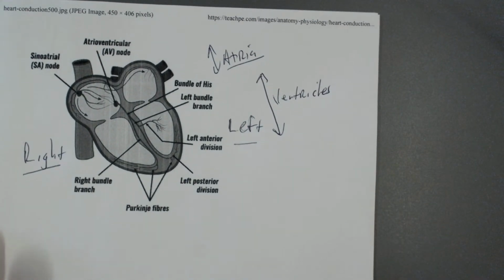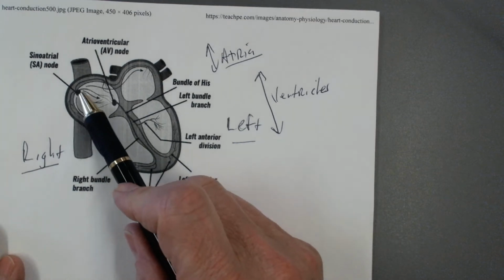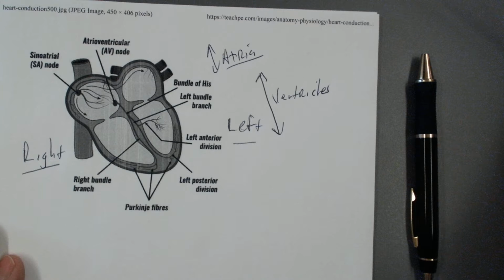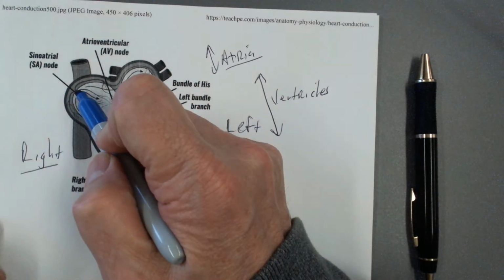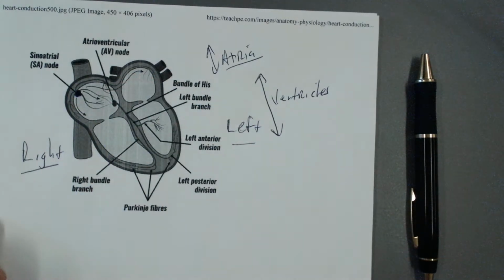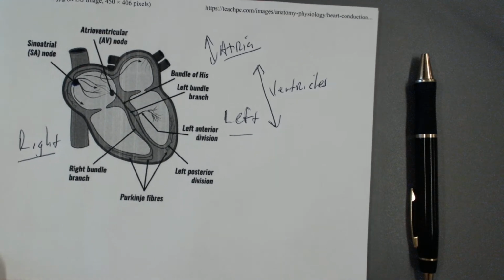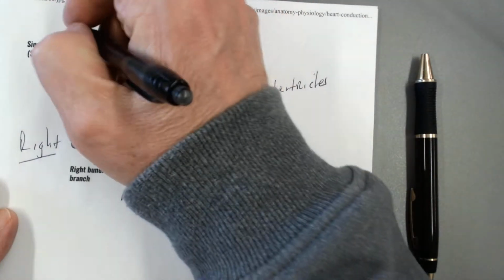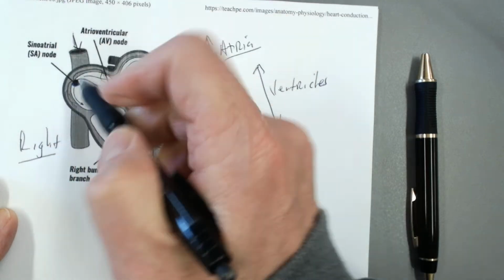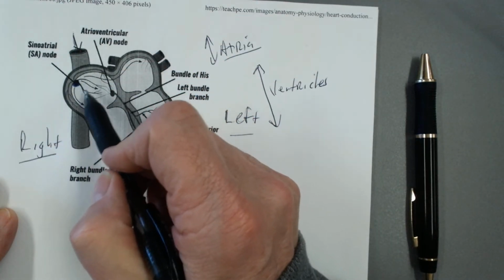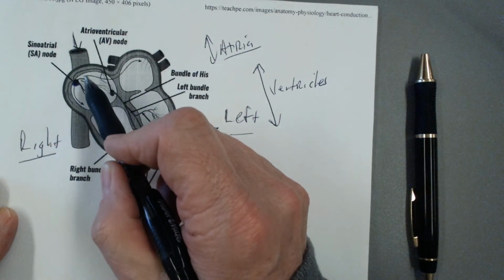So remember that the heart beat originates at the sinoatrial node, right here. Now the sinoatrial node is in the upper portion of the right atrium. It's close to the opening where the inferior vena cava empties into the right atrium.